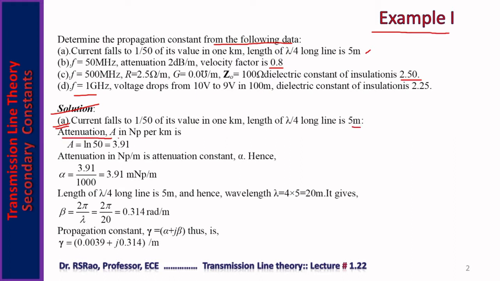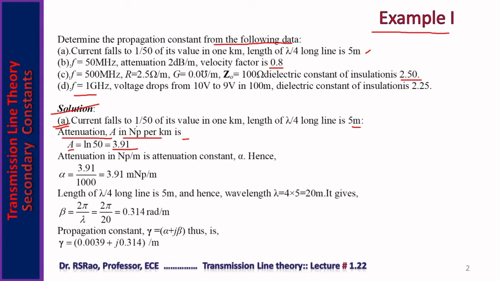Attenuation A in Nepers per kilometer is natural logarithm 50, which equals 3.91. Attenuation in Nepers per meter is attenuation constant alpha, hence alpha is 3.91 by 1000. It is 3.91 millinepers per meter.